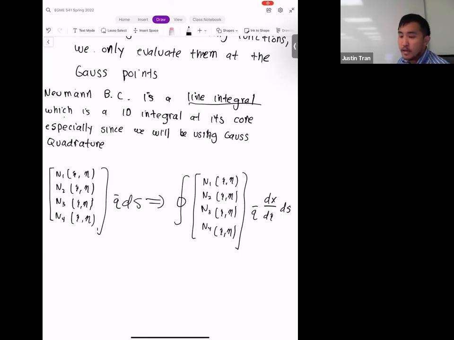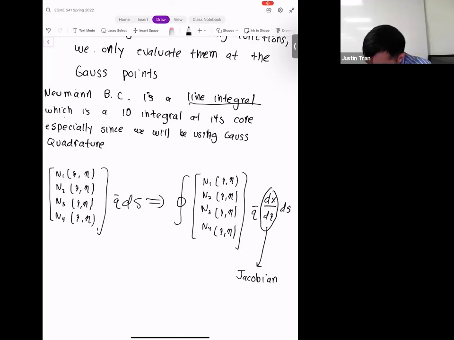Remember in 1D, and you saw this with the homework as well, when we have our 1D Gauss quadrature, this Jacobian just ended up being the length of our integration bounds divided by 2.